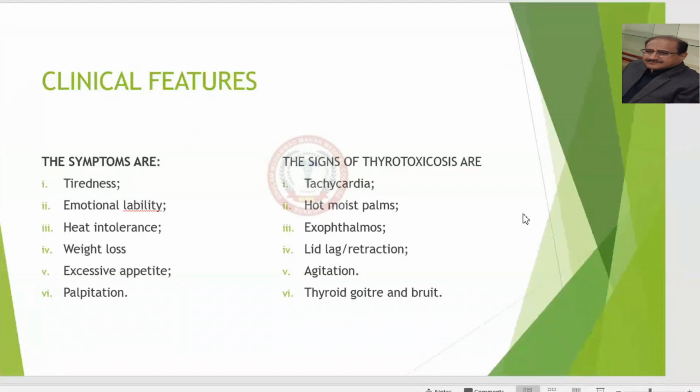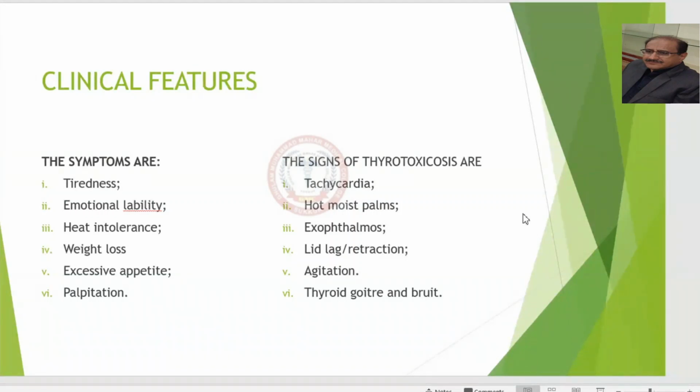Weight loss is there, and excessive appetite. The patient has more appetite because thyroid hormones are metabolic hormones. When there is increased secretion of thyroid hormones, BMR is raised, so the patient feels more appetite. But in spite of good appetite, the patient has loss of weight.